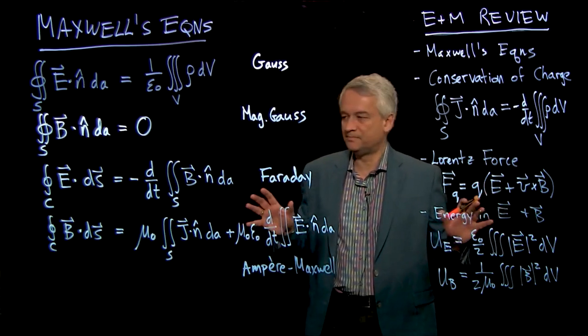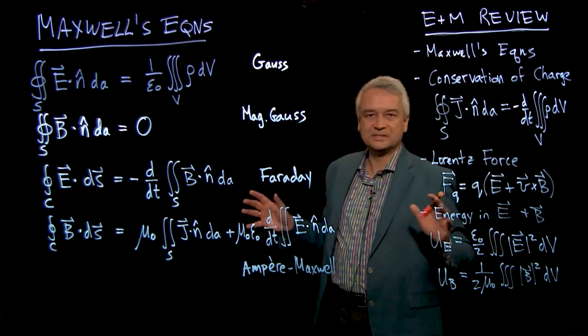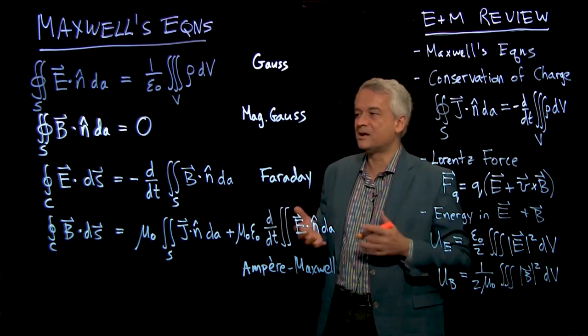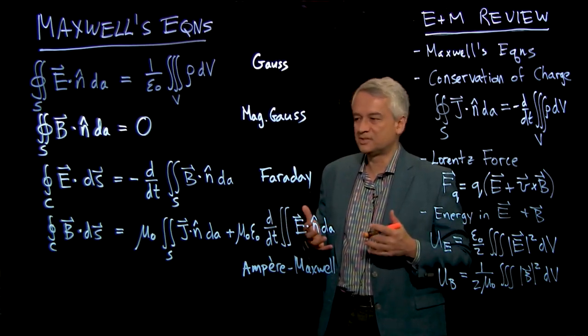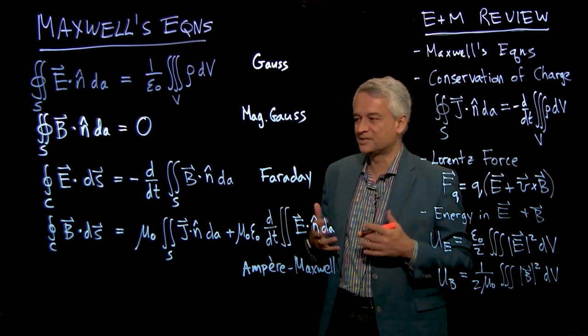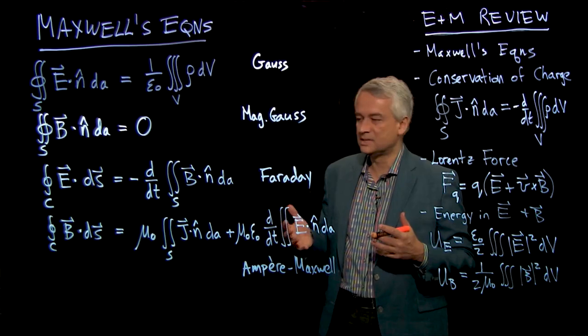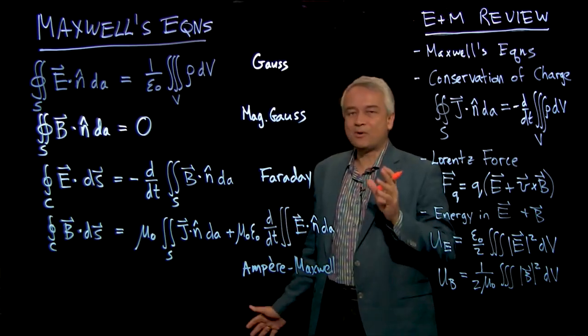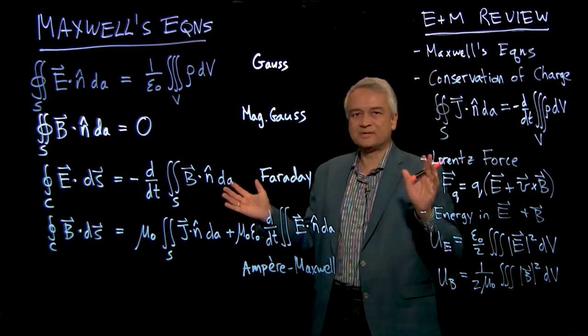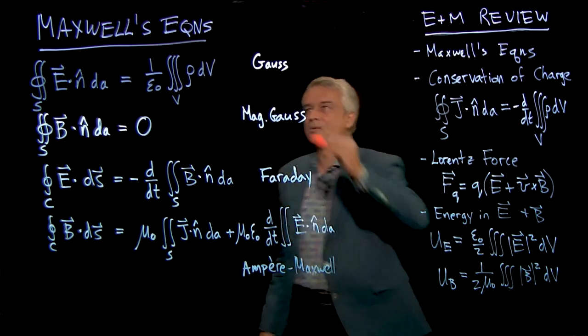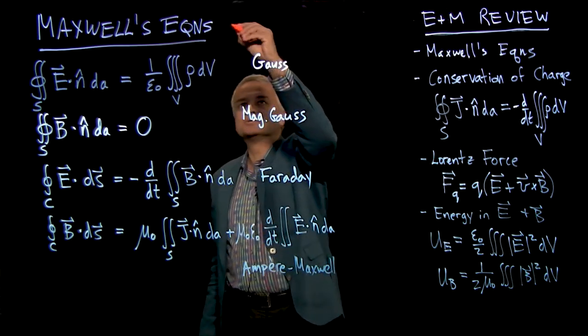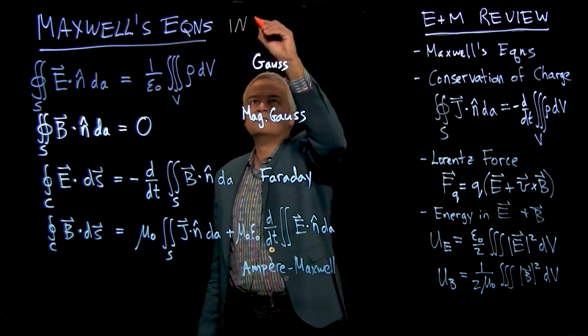That's what these were developed to describe. These came out of a long, 100-year series of experiments and careful observations of phenomena involving charges and currents. So now what we're going to do is get rid of the charges and currents. We're going to ask, what do Maxwell's equations describe in vacuum?